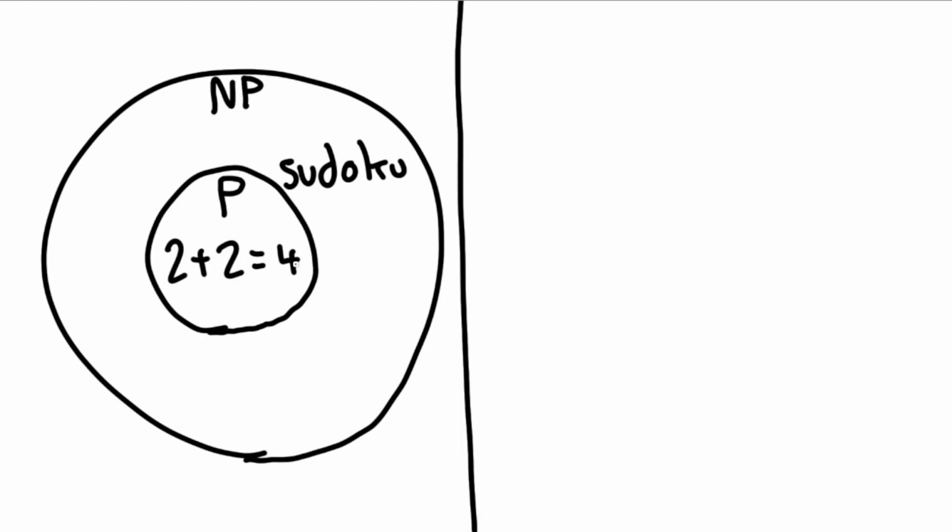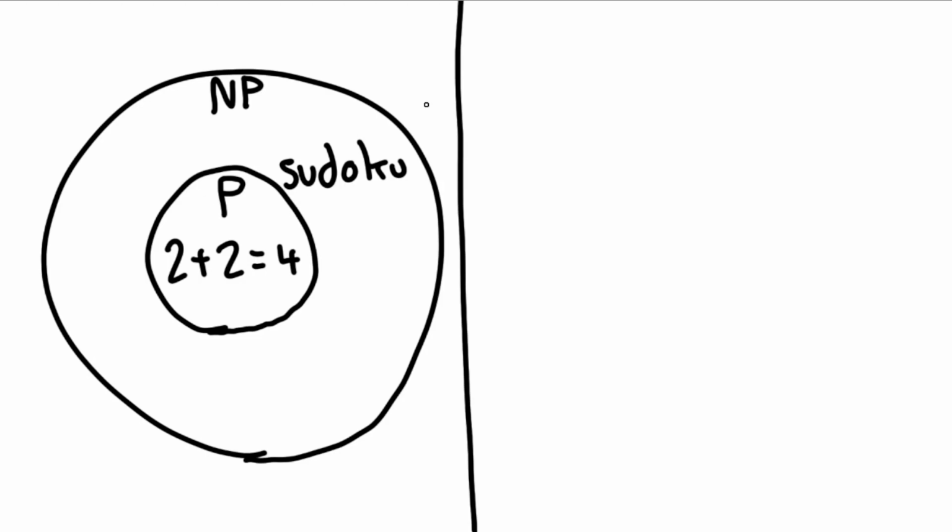We can also verify it, which means it's also NP, because we both know it's the solution: it's easy to find, and it's easy to verify in P problems. However, NP problems are not all P problems, because they're not easy to find, but they're easy to verify, right?